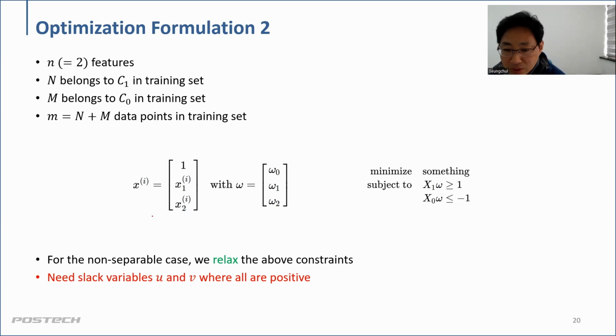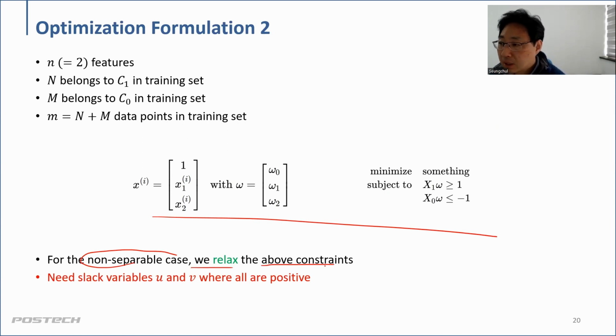We have the same problem, and some of the points, as you know, are outliers. In that case, for the non-linearly separable case, we're going to relax the above constraint. Don't worry if you don't understand what I'm talking about right now; I'm going to show you in a minute.